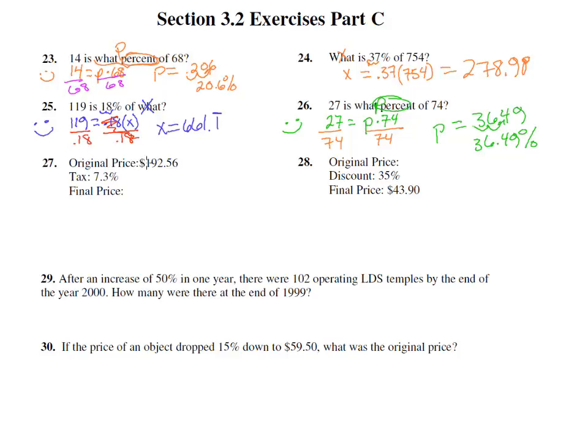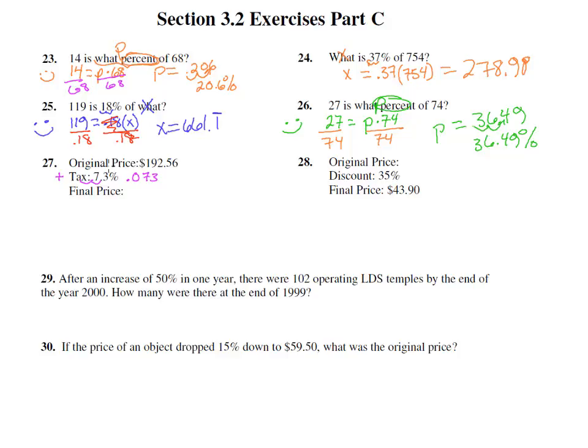Number 27. The original price is $192.56. The tax is 7.3%, which as a decimal is 0.073 because you move it 2 places. And what happens with the final price? Well, a tax gets added on to the original price.